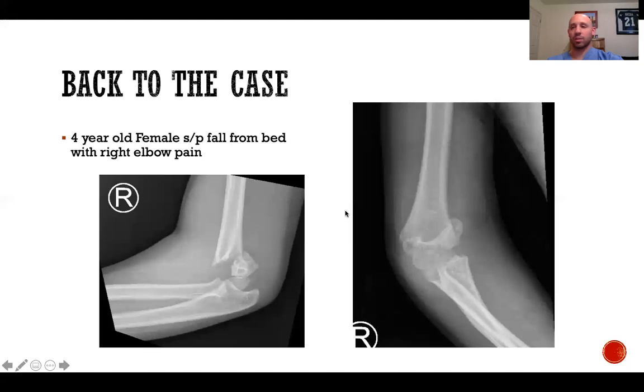Anybody in the audience want to take a stab at what type of fracture they think it is, or if Joe or Jeff want to explain what type of Gartland classification you think this is? Let's give a second to see if anybody wants to venture a guess.